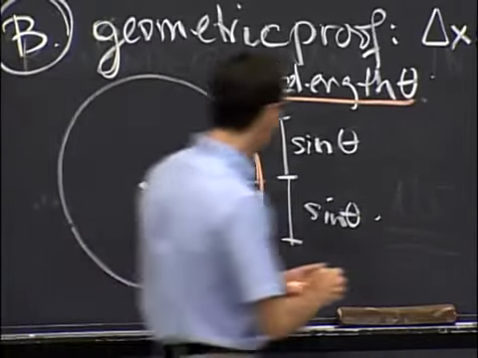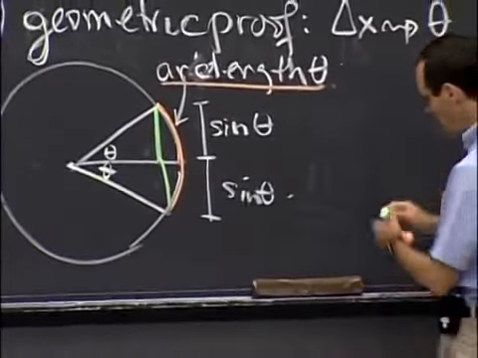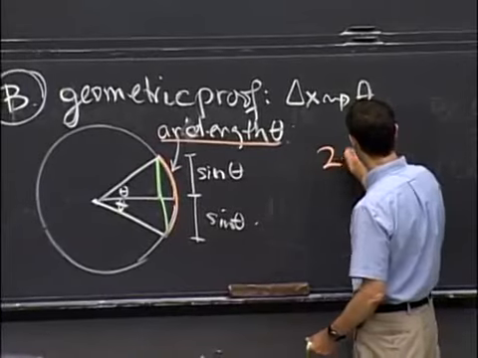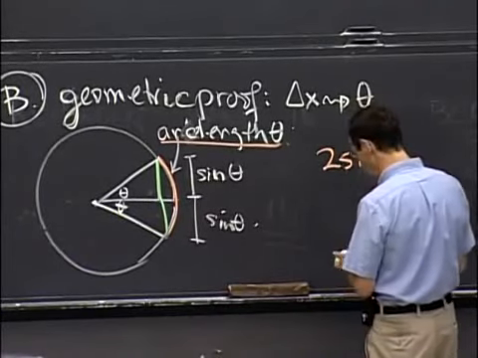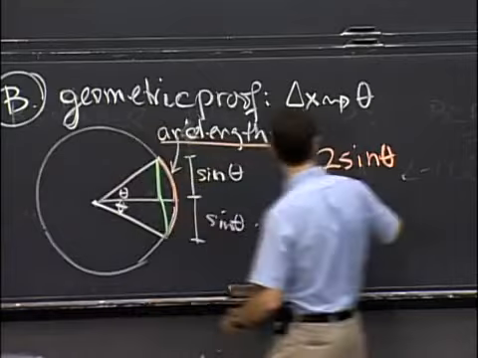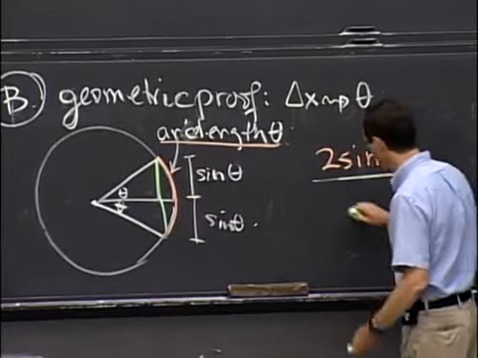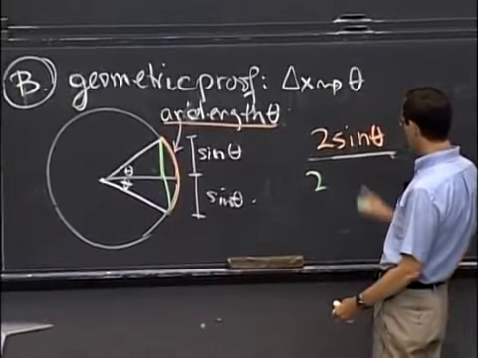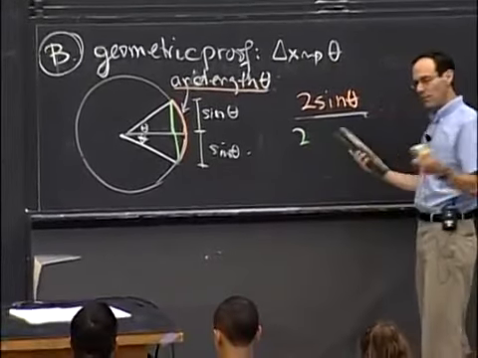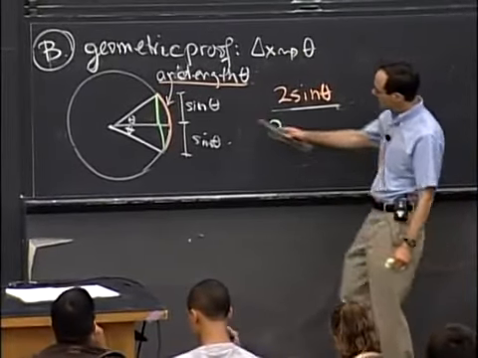So what we have here is a length of 2 sine theta, so maybe I'll write it this way, 2 sine theta. I just doubled it, and here I have underneath 2, whoops, I got it backwards. Sorry about that. Trying to be fancy with the colored chalk, and I have it reversed here.